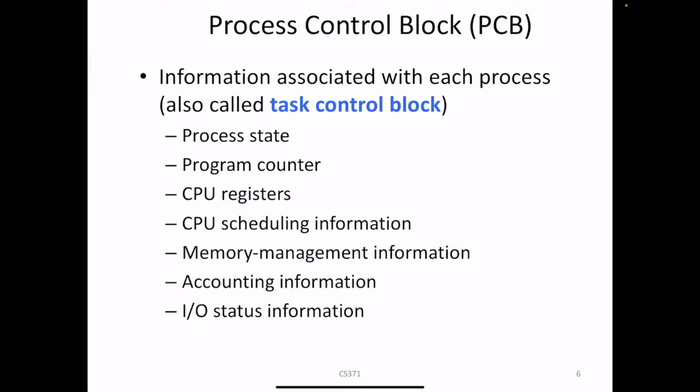First is the state of the process, like we just talked about, such as ready, running, waiting, and terminated. Also, the operating system needs to know the current progress of the process, which is stored in the program counter. The process may not be in the CPU, and the operating system needs to know that.